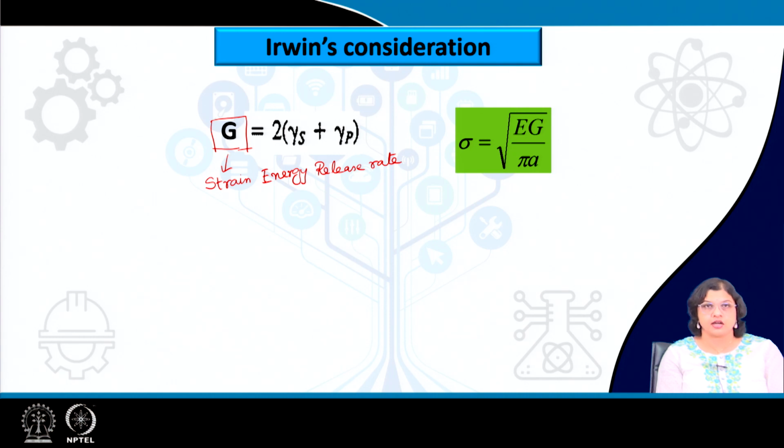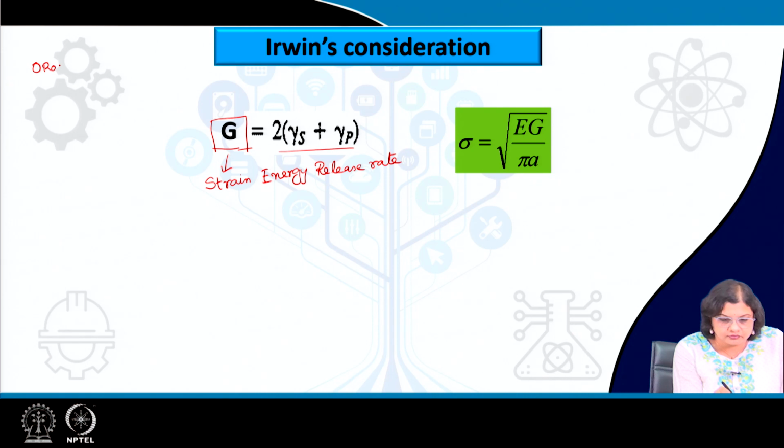We have also seen that this is equivalent to the total energy related to the surface energy as well as the plastic deformation energy. This is how Orowan has modified the Griffith criterion.